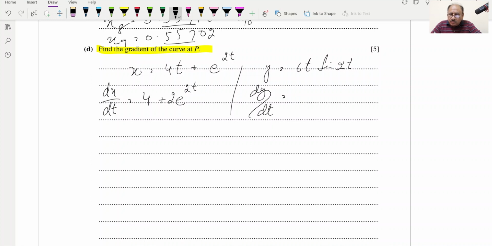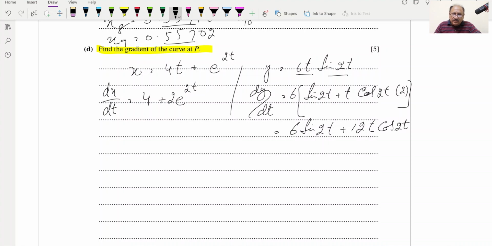And dy over dt also we can write, and this will be u into v. We have to apply the product rule over here because there are two functions, so we will write 6t, keep the first as it is, derivative of the second function, plus the first function as it is and the derivative of the second, which will be cos of 2t into the derivative of 2t, which is 2. If you open the bracket, this can be rewritten as 6 sine 2t plus 2 into 6, which is 12t cos of 2t, and this will be the derivative.